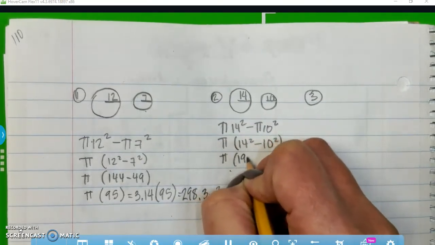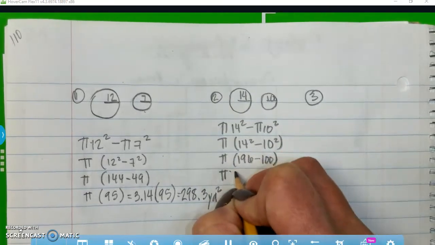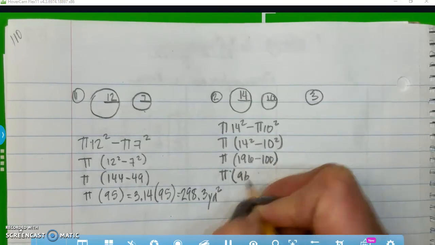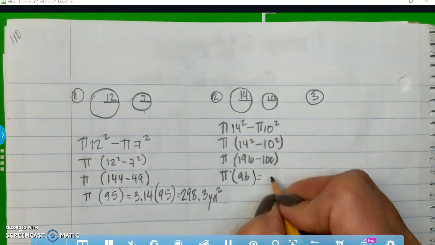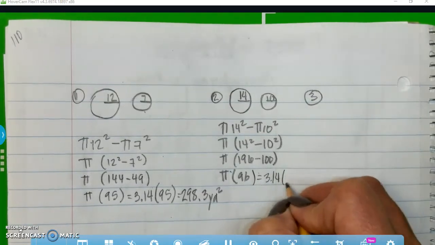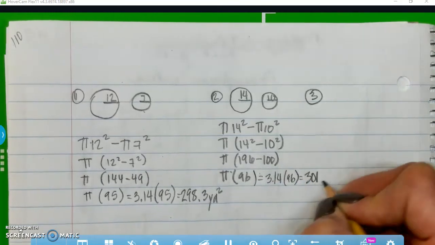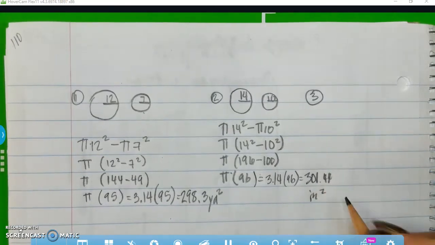That gives me 196 minus 100. Pi times 96. Ooh, my answer is going to be super close to my previous one. Pi times 96 will give me 301 and 44 hundredths square inches.